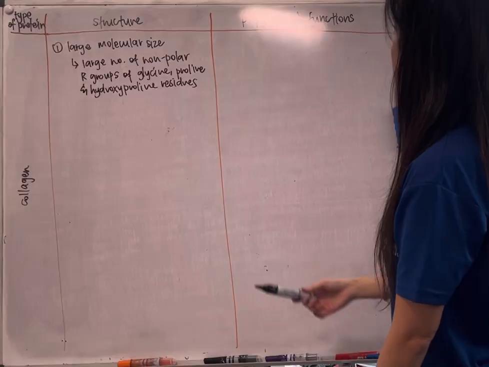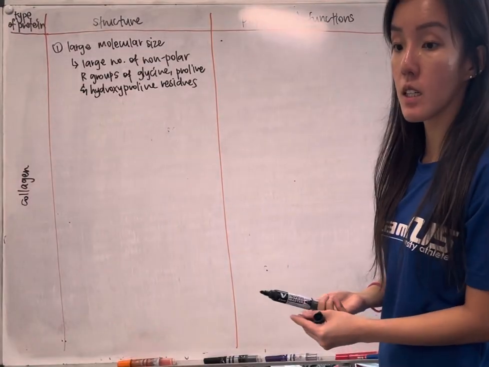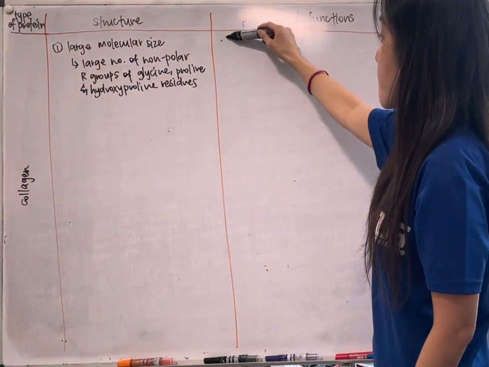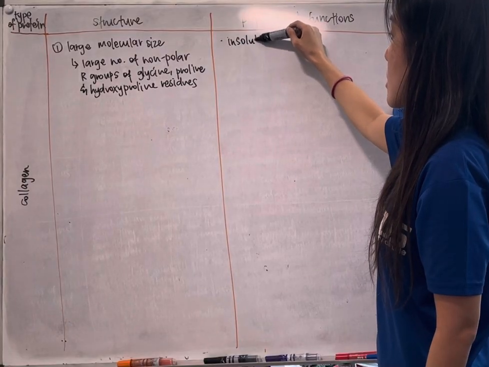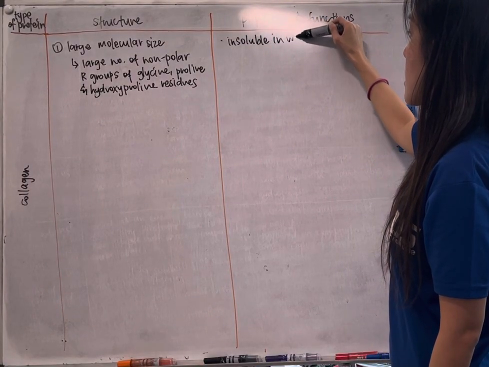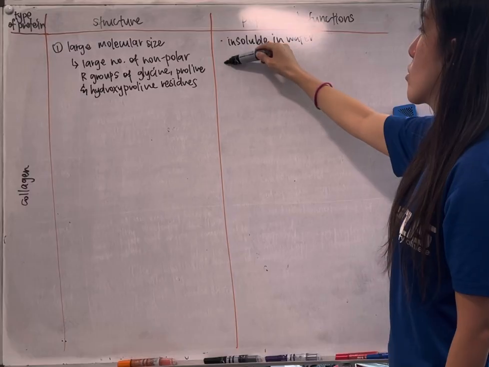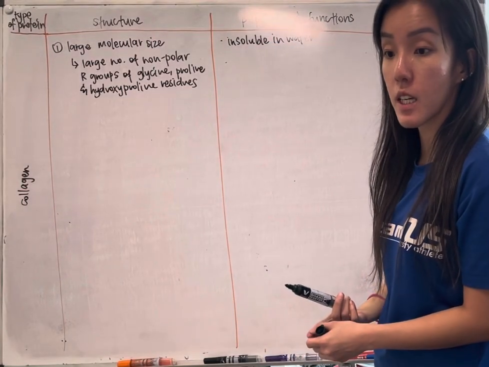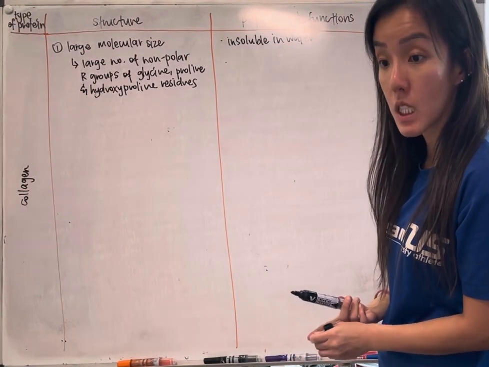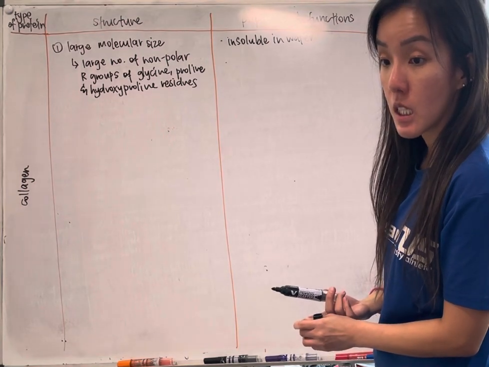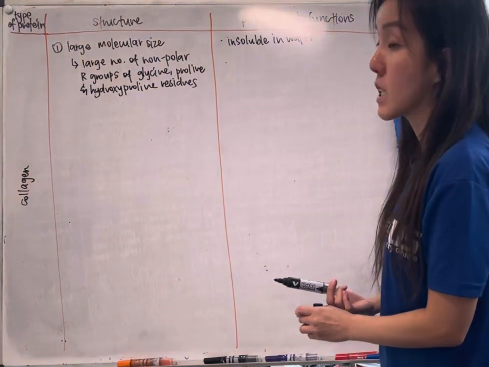So what is the significance of this property? Number one, if you're very large, it means you're insoluble in water. This is necessary because you should know collagen is a structural protein or fibrous protein. So what is the function for being this?